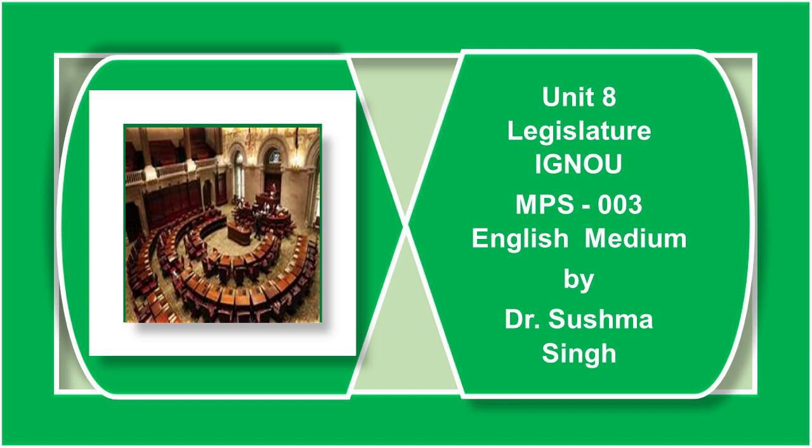Parliament is the central forum for amending the Constitution under Article 368. The procedural powers are those which allow the Parliament to make rules for the conduct of its business.